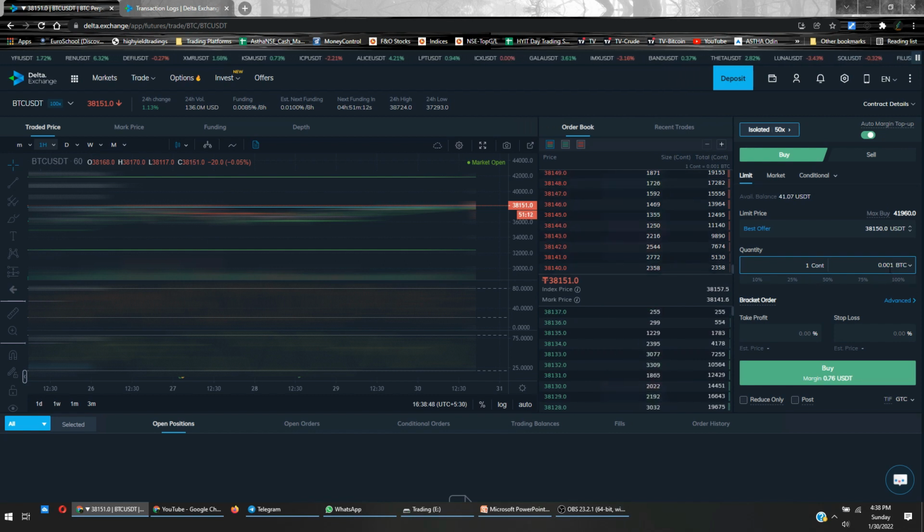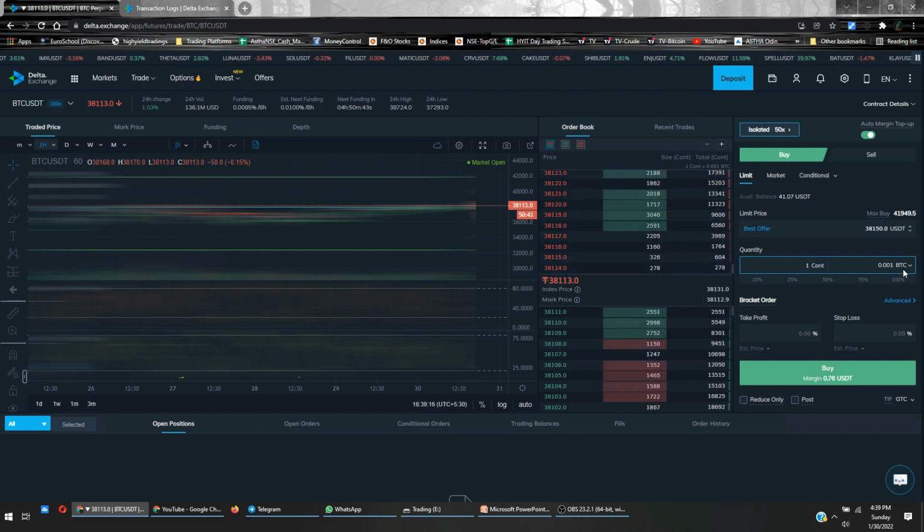So you don't have to trade with one Bitcoin because that will be too costly, and most people will not be able to afford that kind of capital, right? That is the reason we have 0.1, 0.01, and 0.001. So 0.001 Bitcoin is the minimum amount of Bitcoin that you can trade. If you ask me, I trade with 0.01 Bitcoin, which comes to 10 contracts. I hope that is clear now.